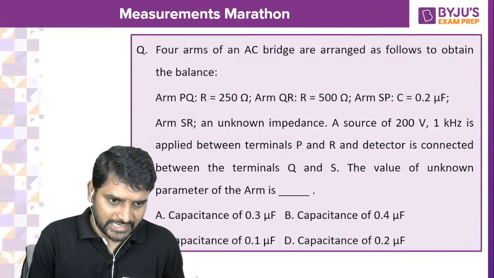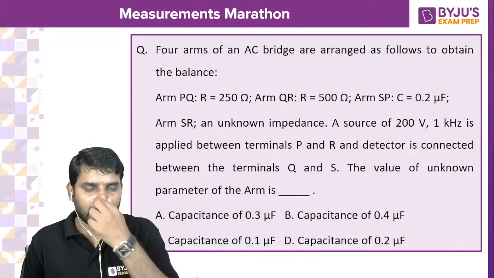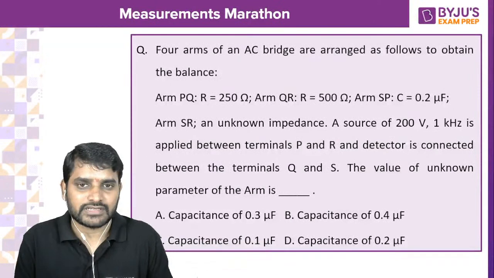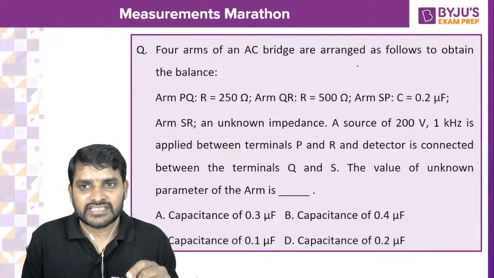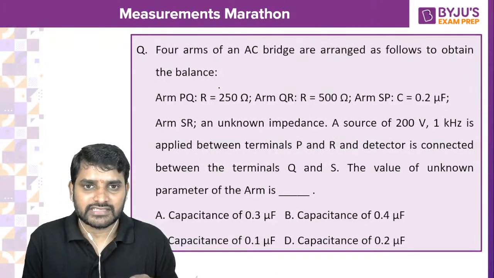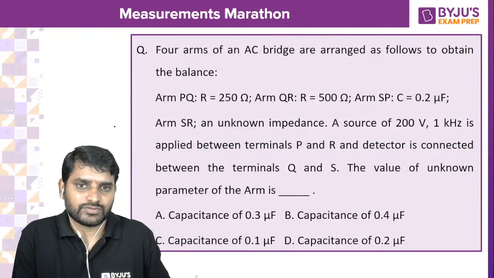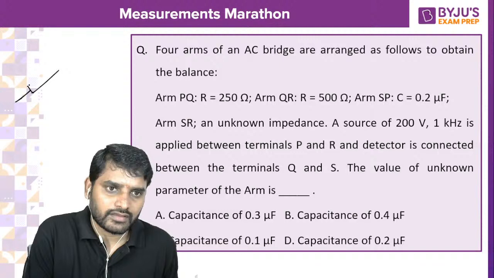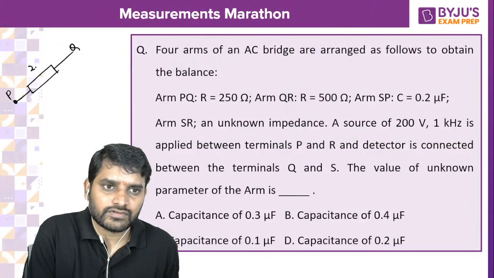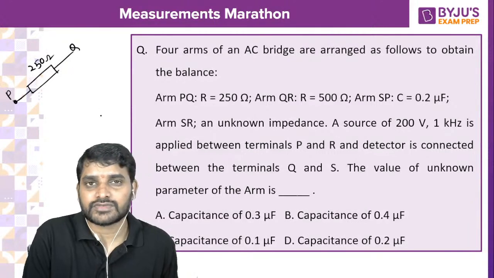Now, can you calculate the answer for this one? Question is so lengthy, but answer is so simple. Four arms of an AC bridge are arranged as follows to obtain the balance. Arm PQ is 250 ohms.